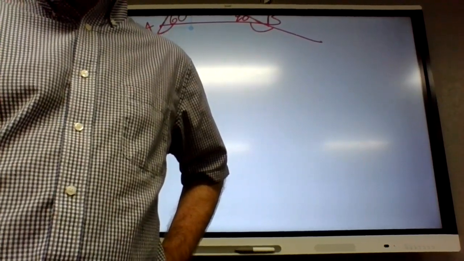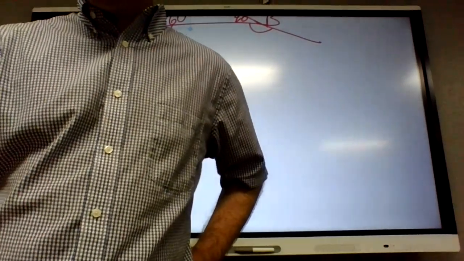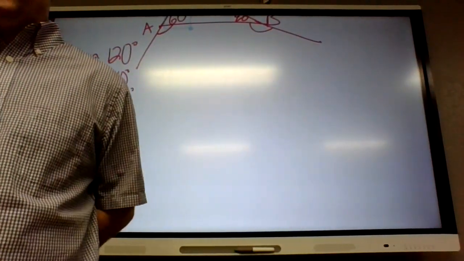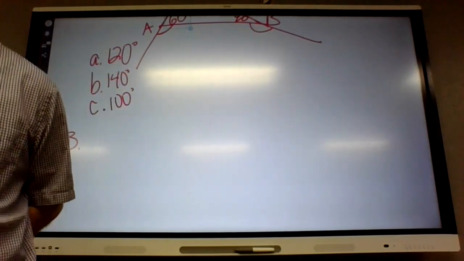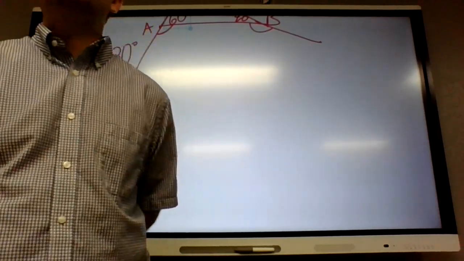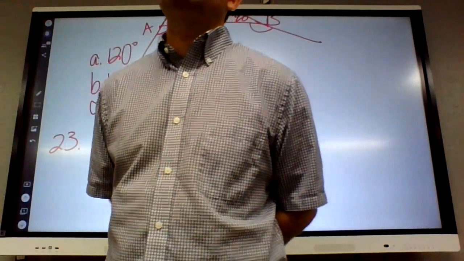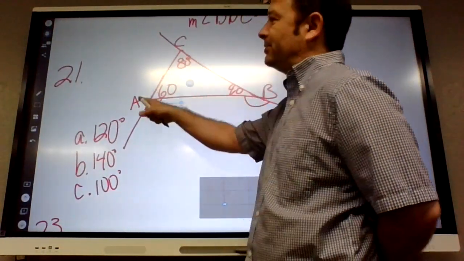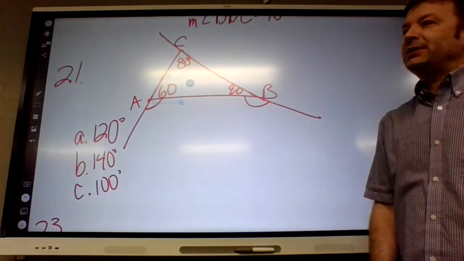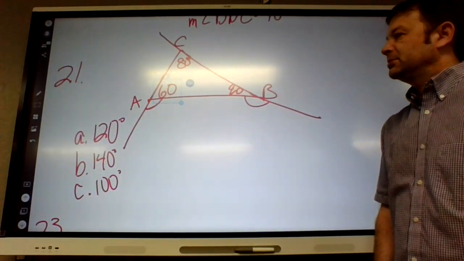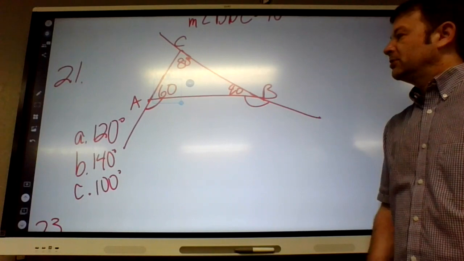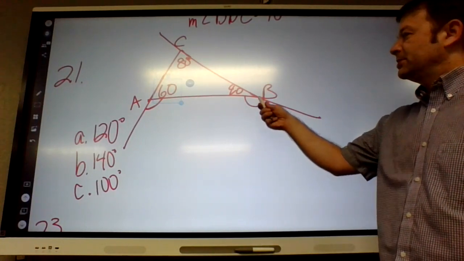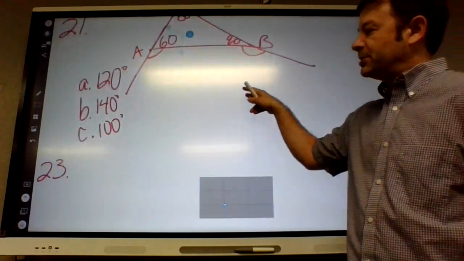You can kind of refer to 21 to help you figure these out. Where would you find the largest exterior angle on a triangle? On our last problem, which of these angles had the largest exterior angle? Exterior angle B. Why was it the largest? It had the smallest interior number, 40.